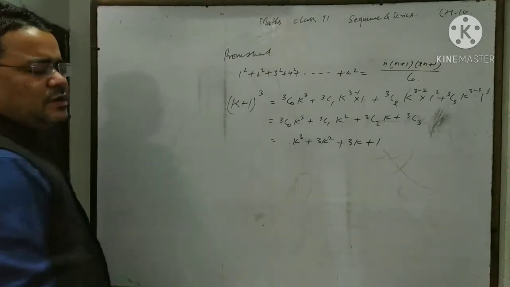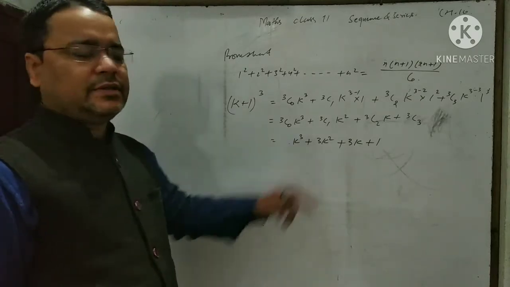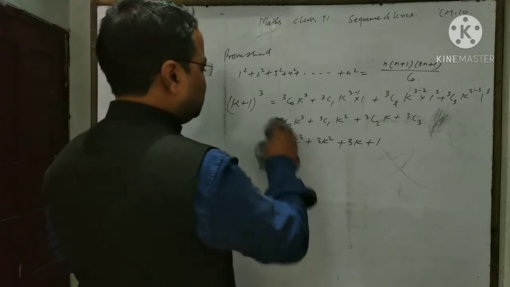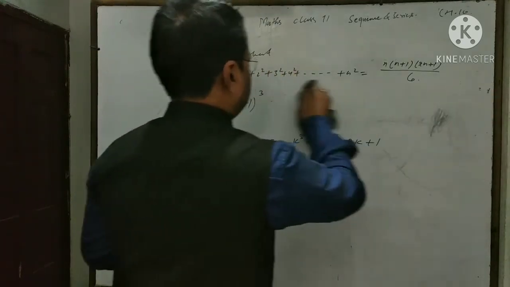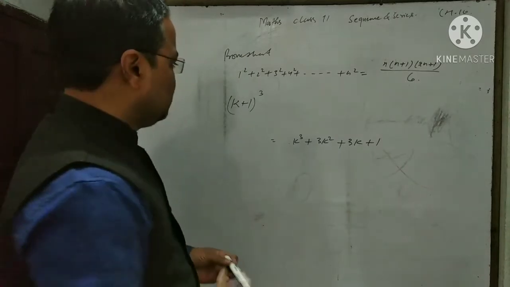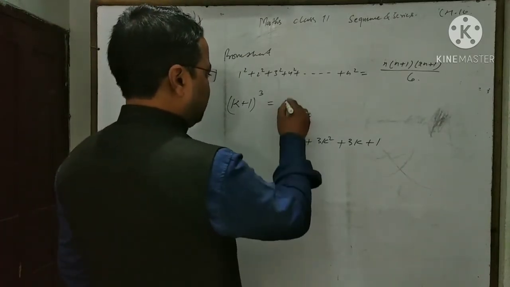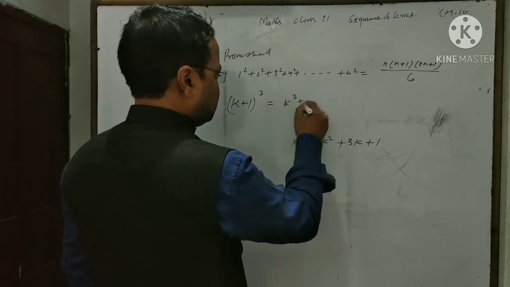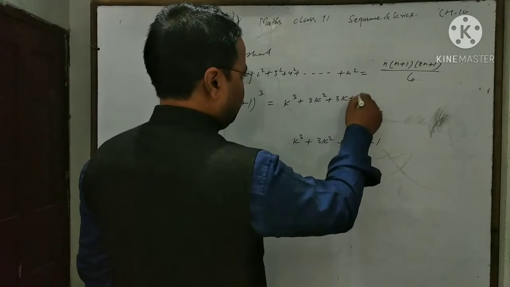In this way, the expansion of (k plus 1) whole cube is equal to this. Okay. Now if you know the formula, you can directly write this. I just want to mention that this is k cube plus 3k square plus 3k plus 1.